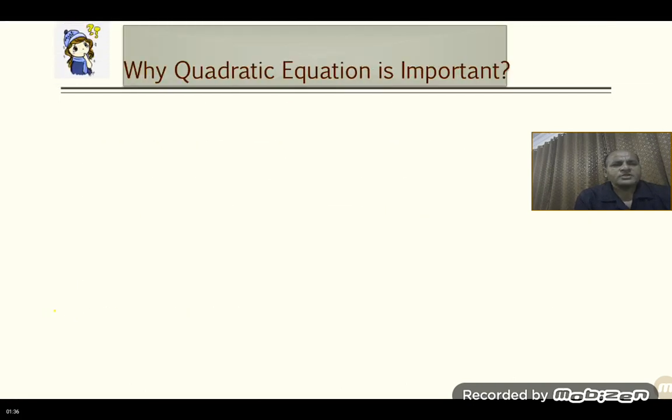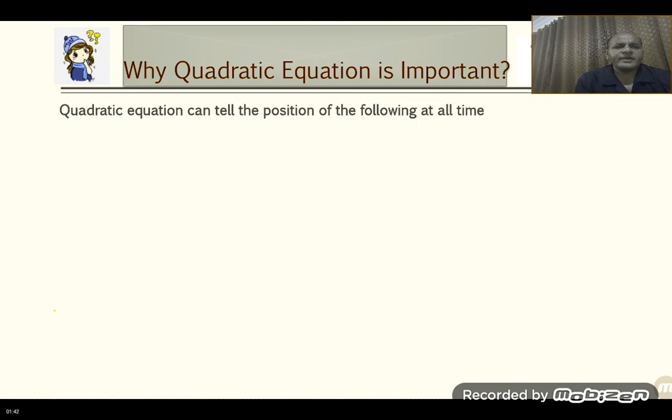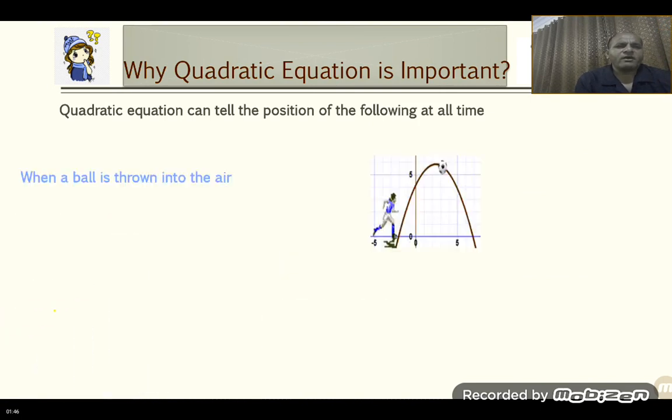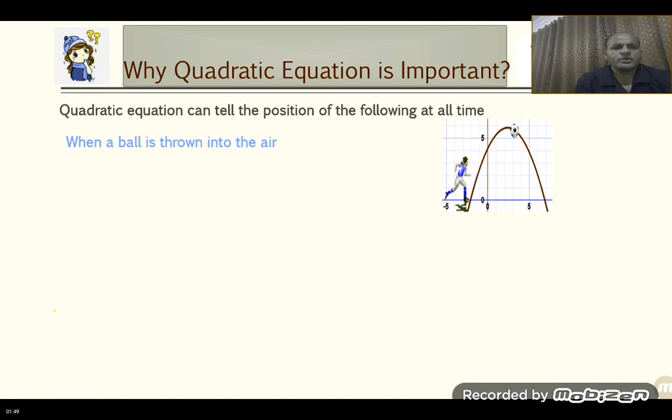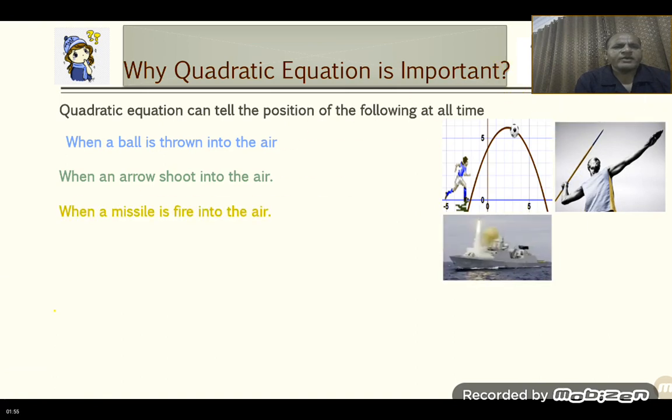Why is quadratic equation important? Because it gives us the position of the following at all times: when a ball is thrown into the air, when an arrow is shot into the air, when a missile is launched into the air, or even when a stone is thrown into the air.